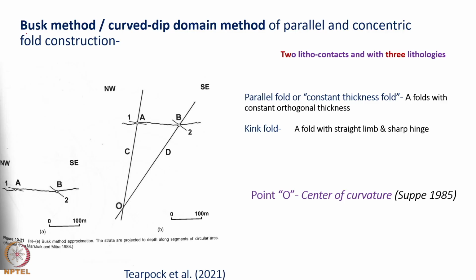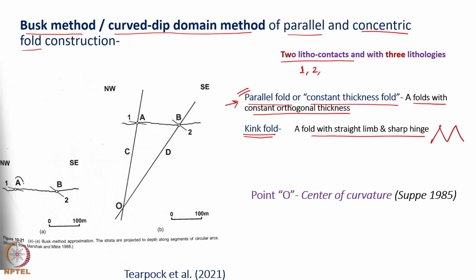The first one is the Busk method, also known as the curved dip domain method, and it produces parallel and concentric folds. Suppose this is the ground surface and we are thinking of a cross section, which means we are looking at a vertical section.